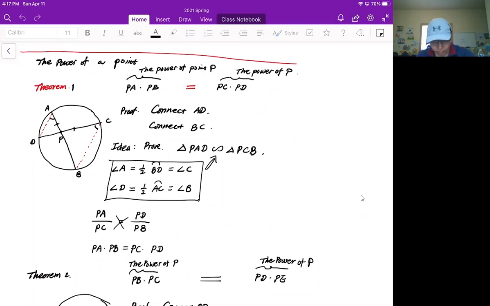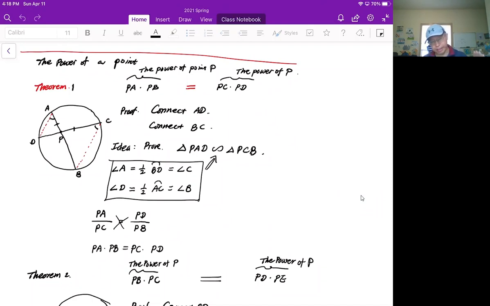Then you can ask, what happens if I pick a different chord? I get another one, with PC and PD. Is the product PC times PD the same as before? Yes, because otherwise the definition would not be a good definition.